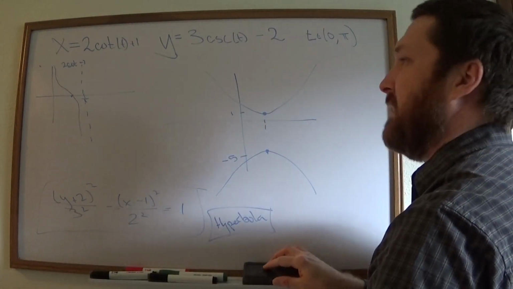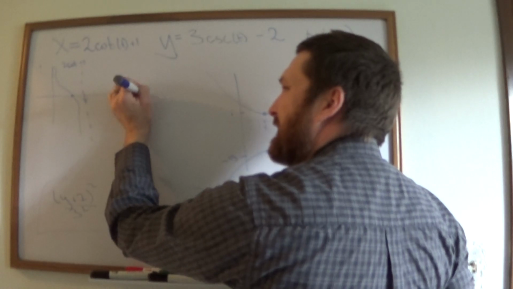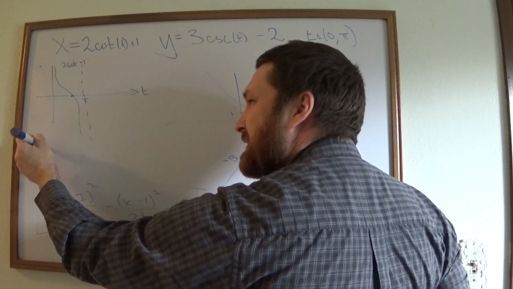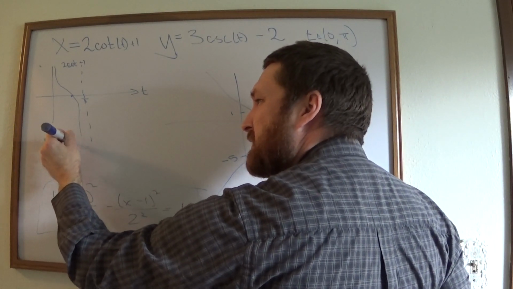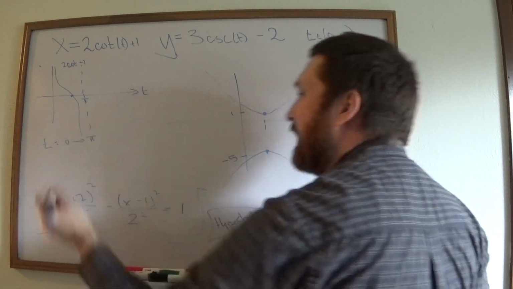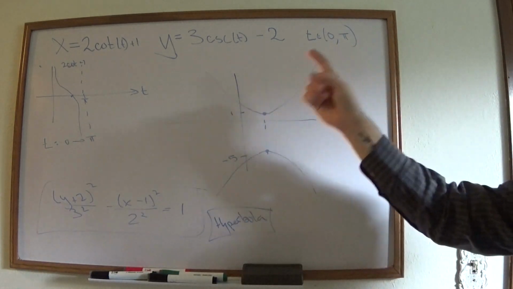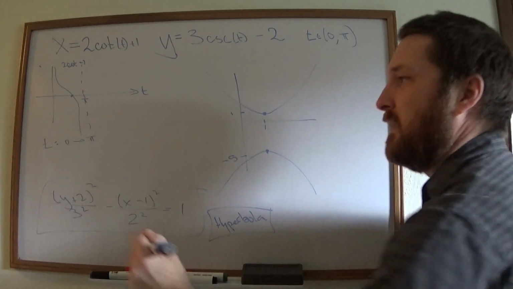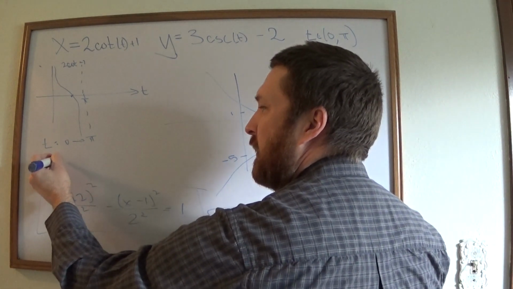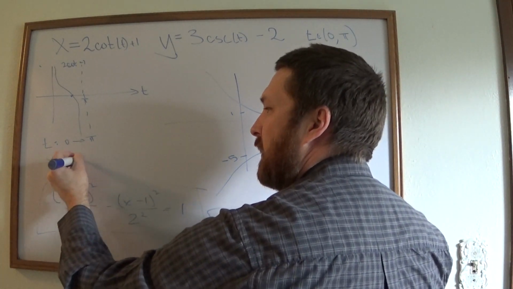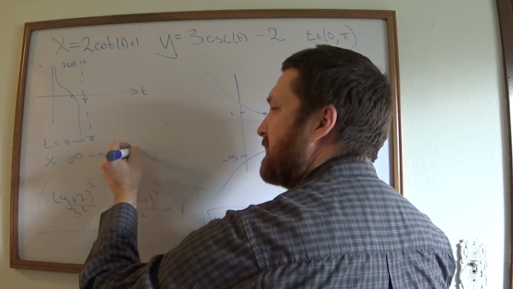And so I could see then as t goes from 0 up to pi, because that's what I said here, then x goes from where to where? Positive infinity towards negative infinity.